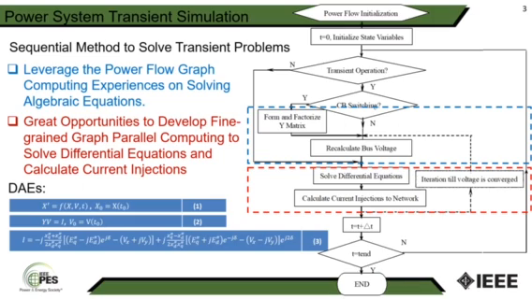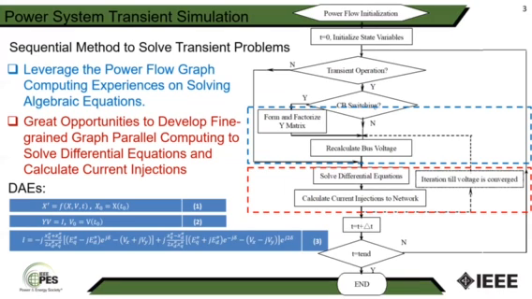Because once we know the terminal voltage of the units, think about it, if we have 1,000 units in the system, once we know their terminal voltage, we can solve the 1,000 differential equation sets and calculate the 1,000 current injections simultaneously in parallel. So that's the beauty. It gave us a great opportunity to use graph computing for the DAE solution.